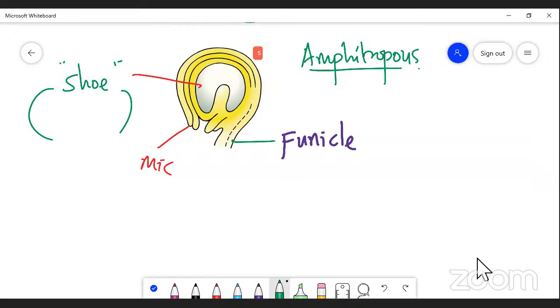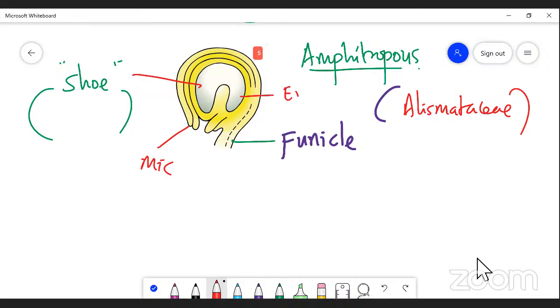This type of ovule is found only in the Alismataceae family. Alismataceae is one of the members of the angiospermic group in which the Ambitropous ovule is found. What is an Ambitropous ovule? Simply, the funicular region and the micropylar region are very close to each other due to the development of a horseshoe-shaped embryo sac.